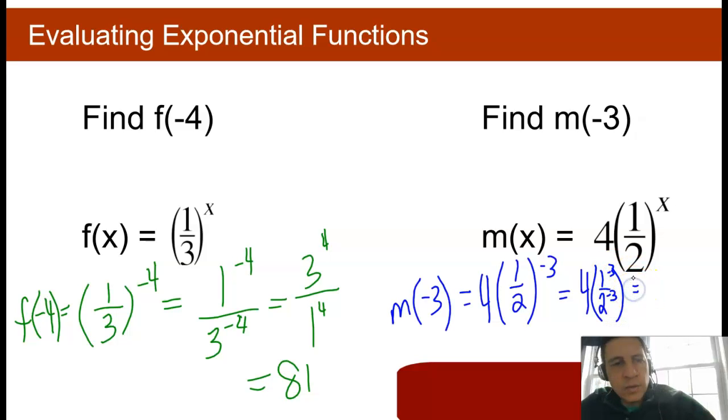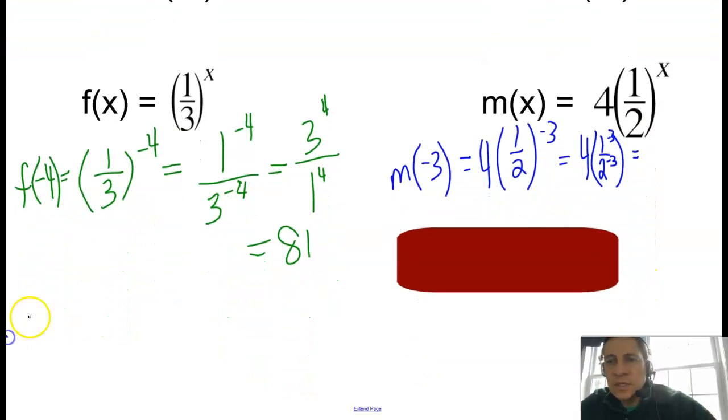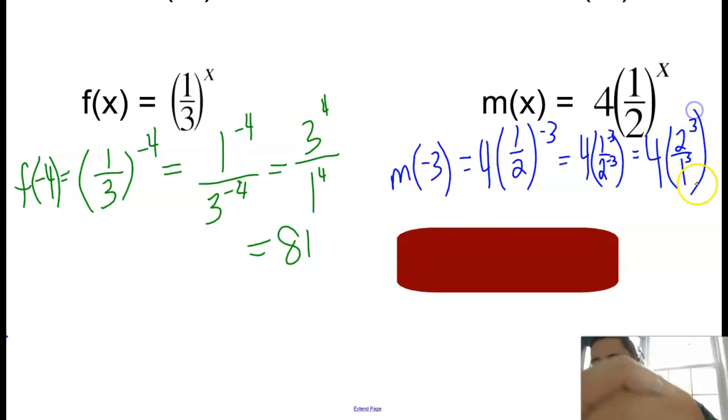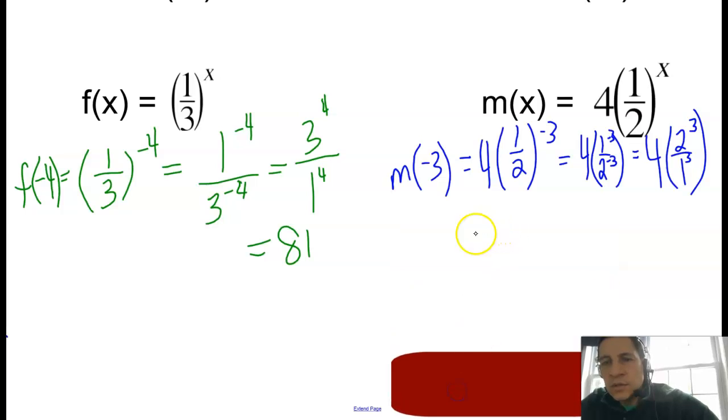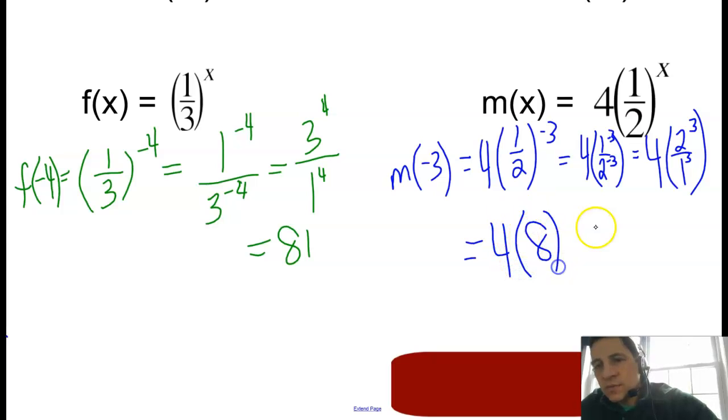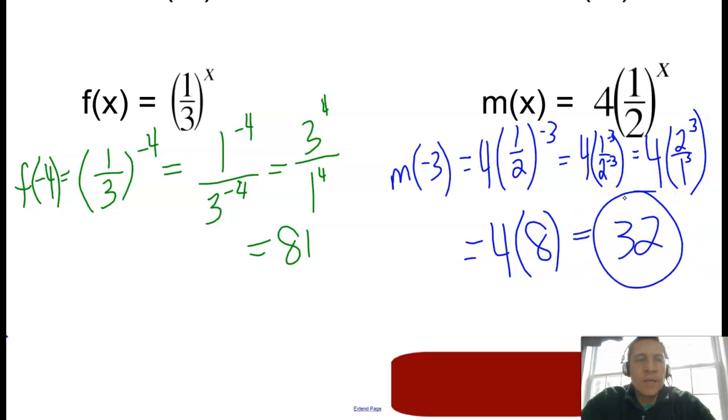Again, rewriting that with positive exponents, this gives me 4 times 2 to the 3rd over 1 to the 3rd. I want to simplify that some more. That's going to be equal to 4 times 2 to the 3rd is 8, 1 to the 3rd is 1, so 4 times 8, you should get 32. And that's how we evaluate exponential functions.